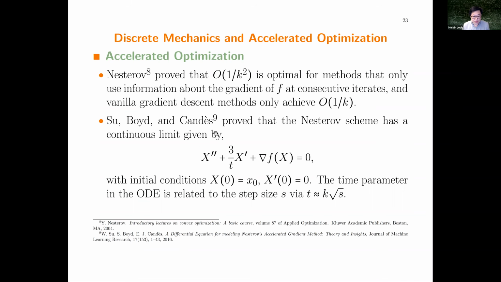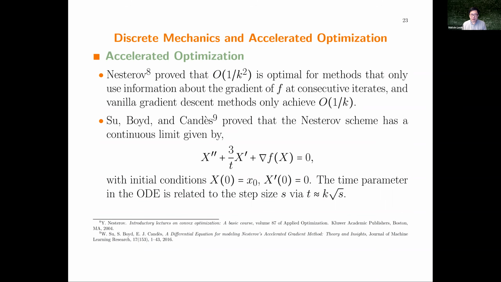That bound is optimal, and it's proved by actually constructing a convex function which achieves that bound. Nevertheless, there was a lot of interest, as a consequence of this work, in understanding acceleration and thinking about whether there are other ways of constructing methods which achieve acceleration.